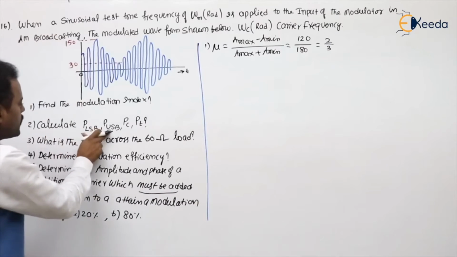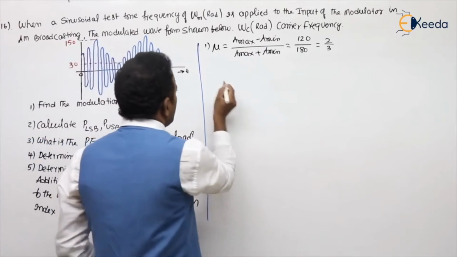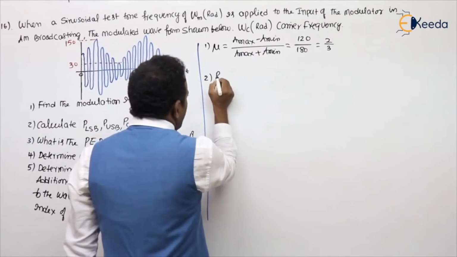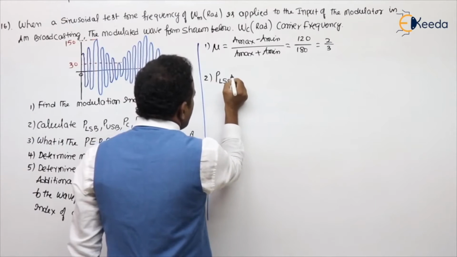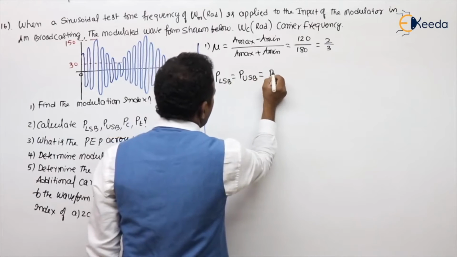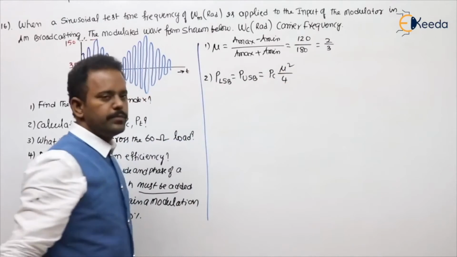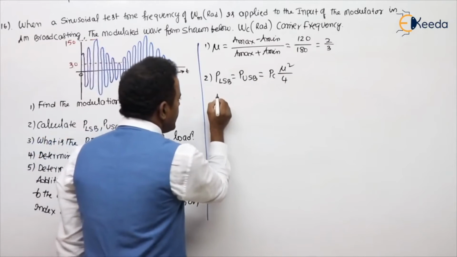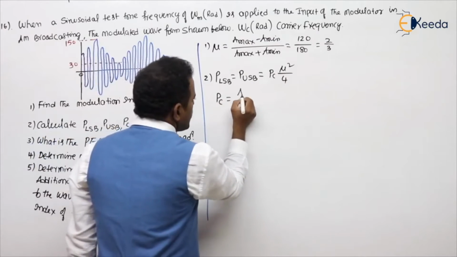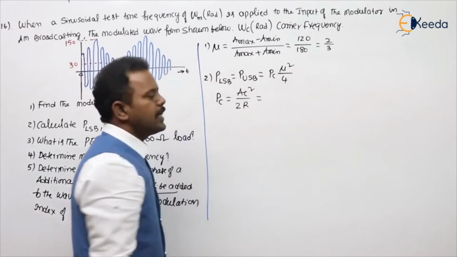What is the second question? Calculate LSB, USB, PC, PT. The power of the LSB and the power of the USB are both the same. We know the sideband power is PC into mu square by 4. So calculate PC, which is AC square by 2R. What is the AC value?